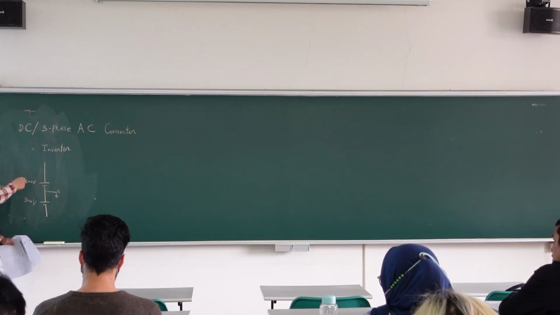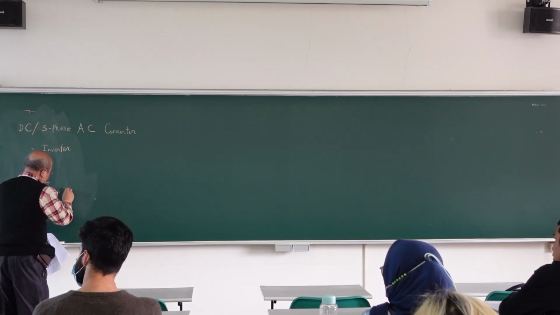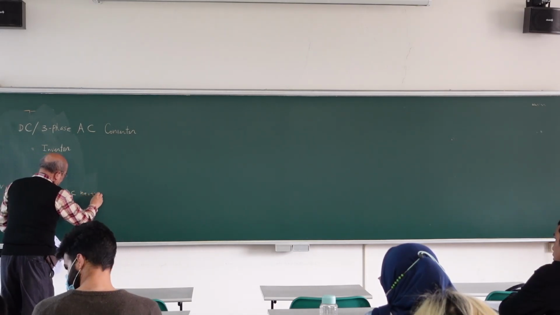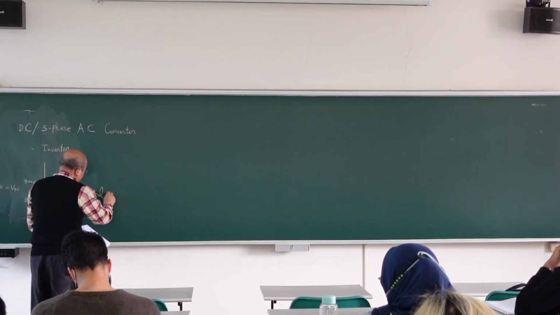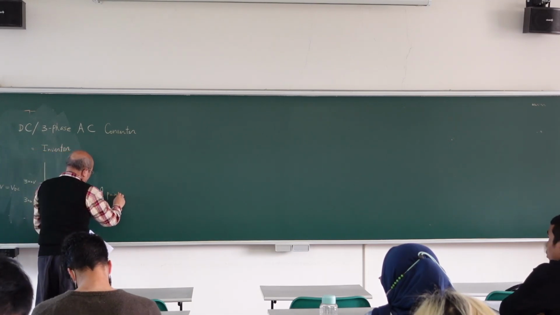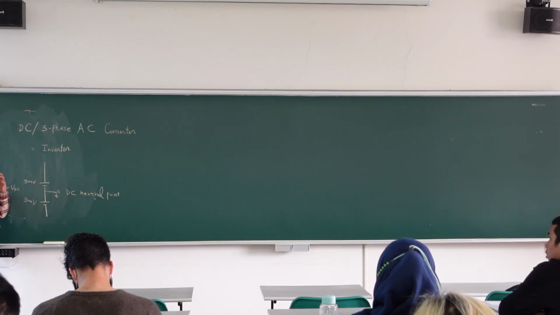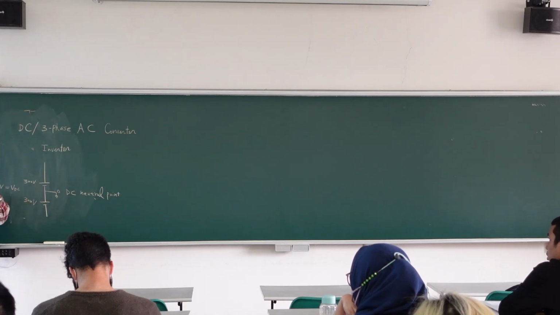But do you think the 0 voltage is DC ground or AC ground? DC. It is a battery. So we call this the DC neutral point. But what is your DC neutral point? It is only in our mind, not real, because it is easy to explain.